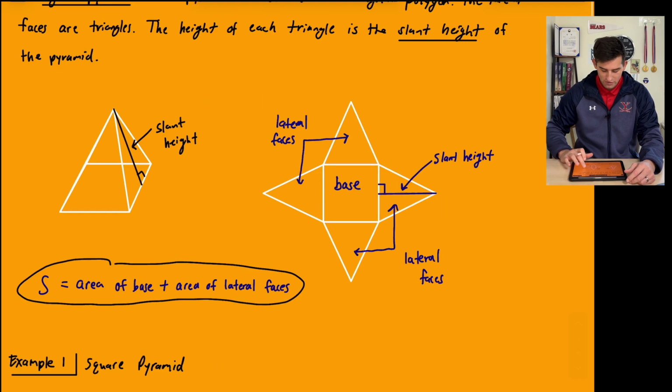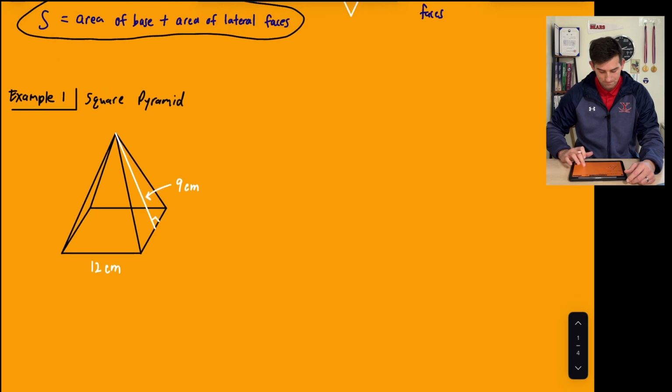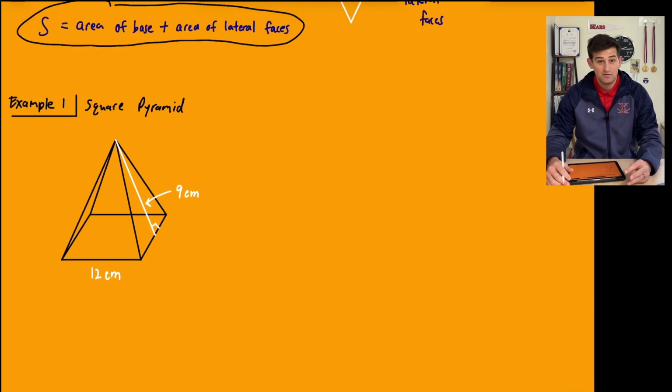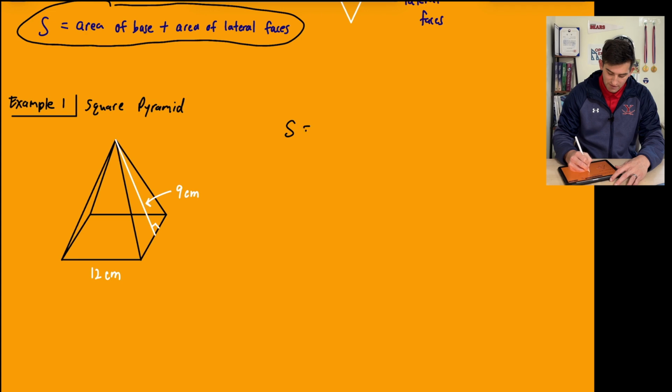Okay, so let's look at those two examples we talked about earlier. So we see our surface area equation, area of the base plus area of the lateral faces. So let's go forward with example 1. So we have a square pyramid. So we want to say that surface area is going to be area of the base, which is a square. So that's going to be 12 times 12. Okay, so we'll just put that in parentheses there.